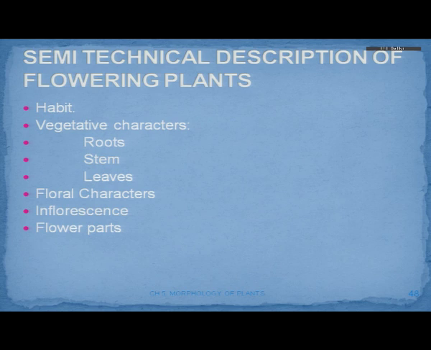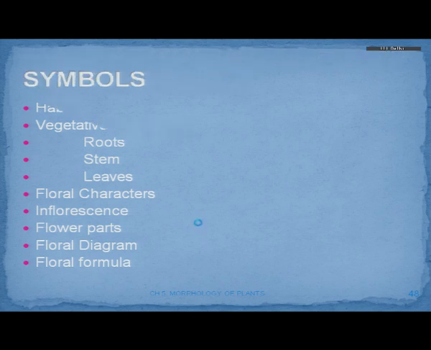Then we come over to the description of the flower parts and we describe the four whorls one by one. And finally, this description is followed by a floral diagram and the floral formula. This seems a lot, but when we study the flowers properly, study the plants properly, this becomes very easy to do.